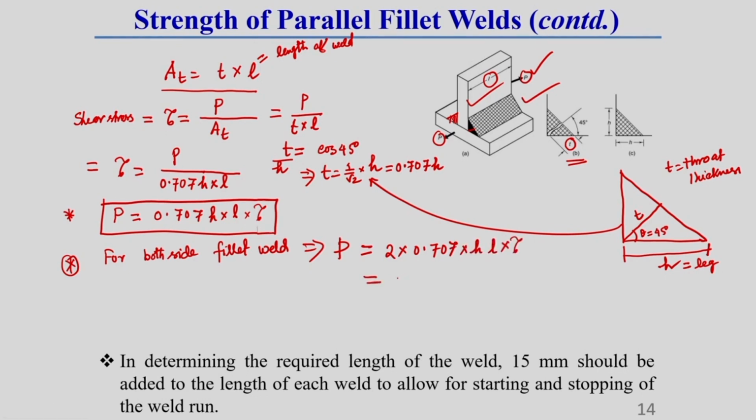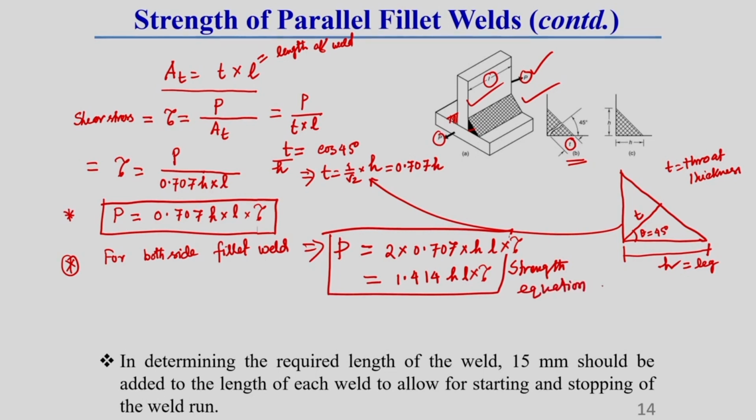So, this we are getting as 1.414 H into L into tau. This is called the strength equation for parallel fillet weld.